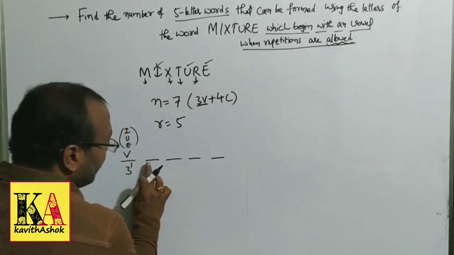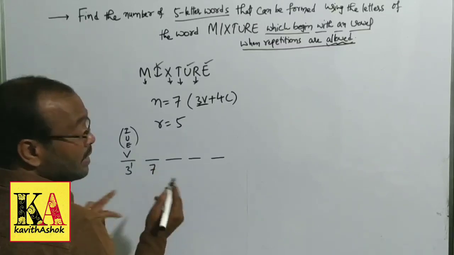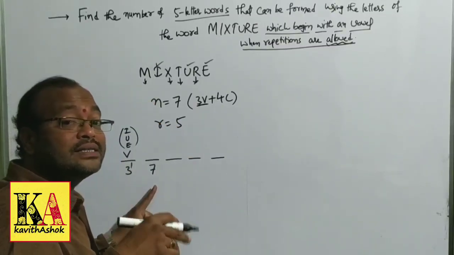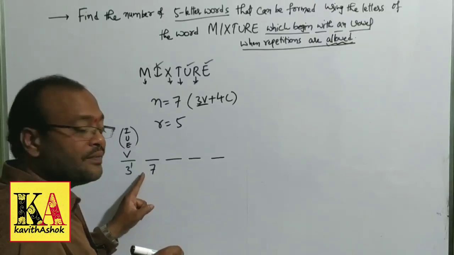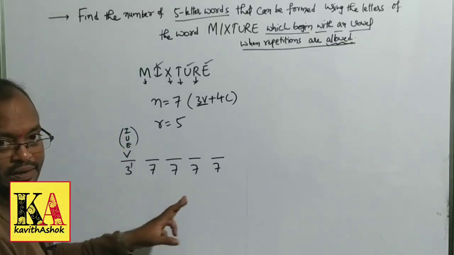So to fill this place, how many choices are there? 7 choices. When repetition is not allowed, if we fill the first place we have only 6 choices, but here repetition is allowed, so 7 choices. For this also 7, this also 7, and this also 7. Is it clear?